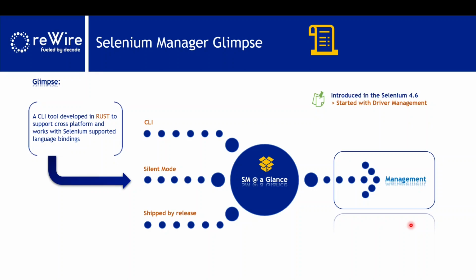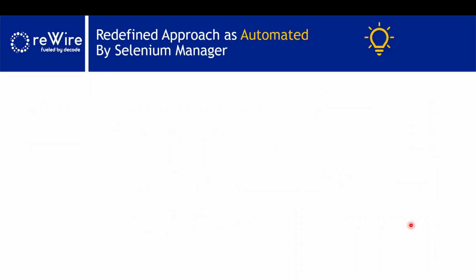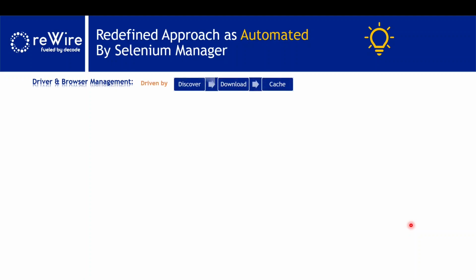It started with driver management, first the Chrome driver. The approach they have adopted is driven by three components: one is discover, second is download, third is cache. Discover means checking which versions are currently available on the host machine, or which version has been provided in the options.